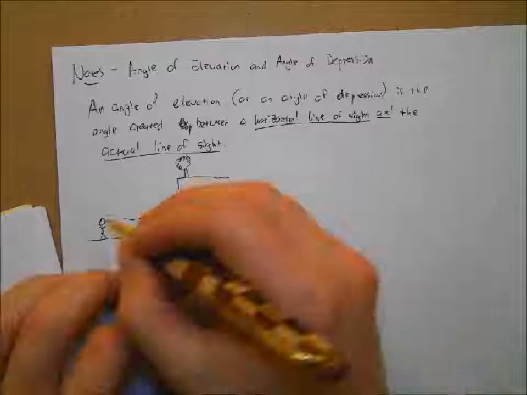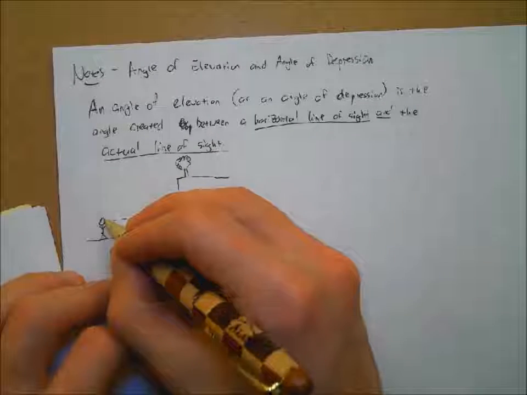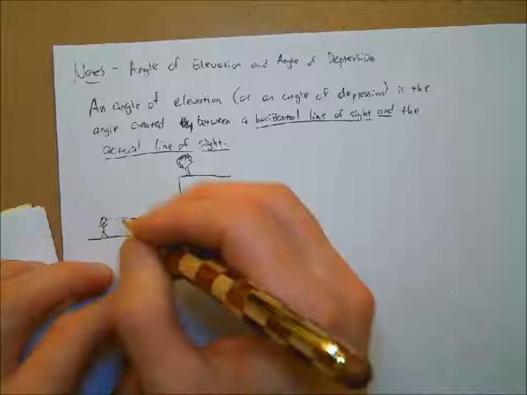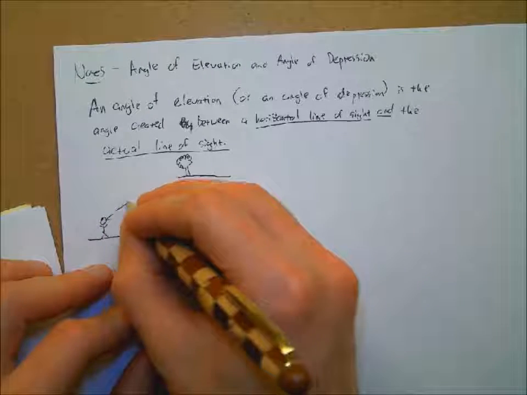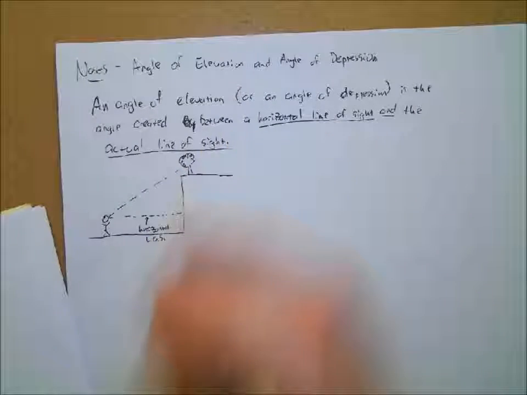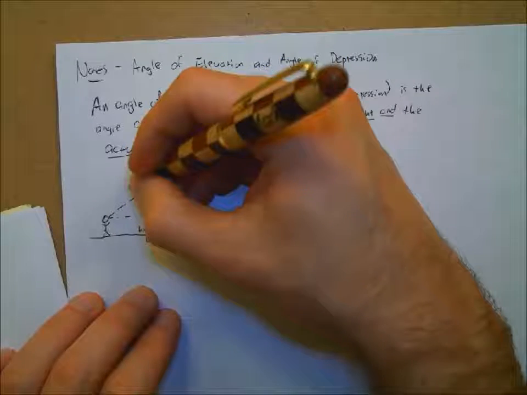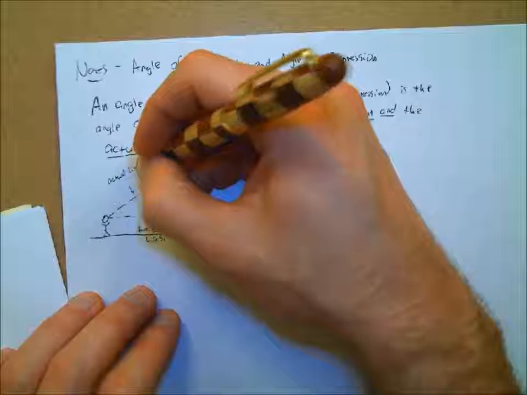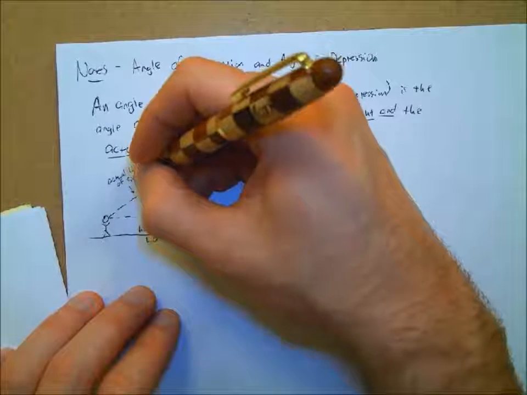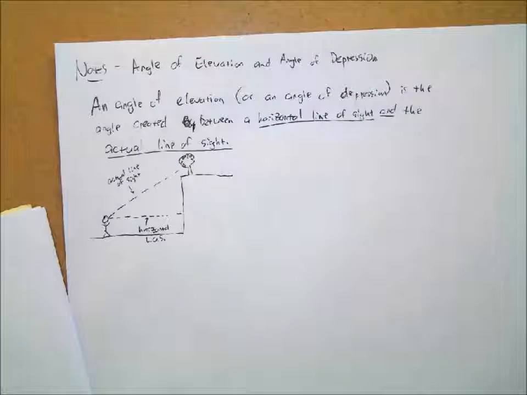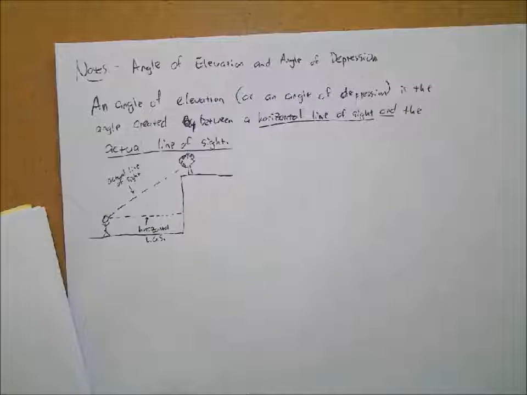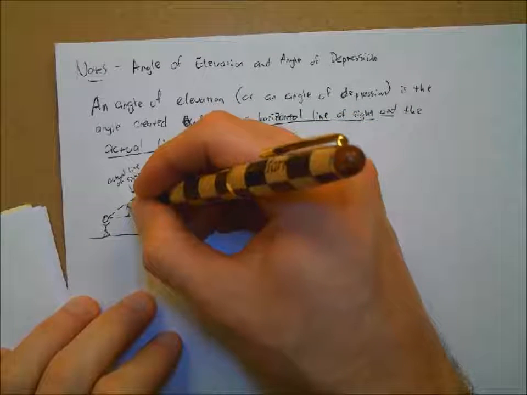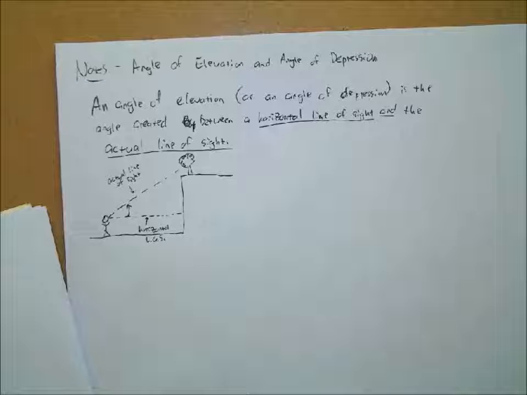And then the actual line of sight towards the object that's being observed. Actual line of sight. And then this angle right here, that is the angle of elevation.